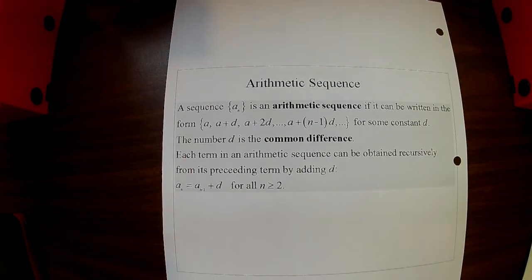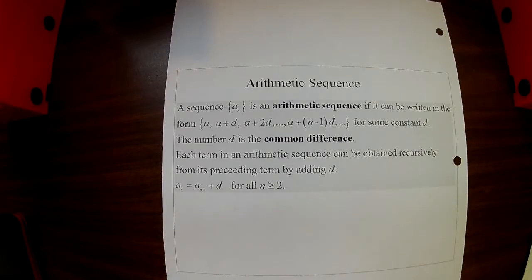Each term in an arithmetic sequence can be obtained recursively from its preceding term by adding D. A sub n is equal to A sub n minus 1 plus D for all n greater than or equal to 2. So if you need some time to write that down, pause it.